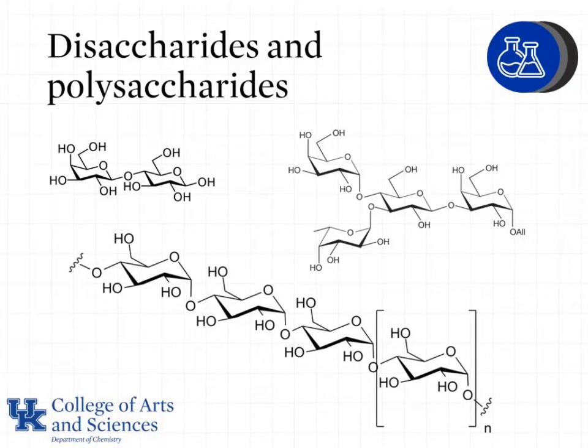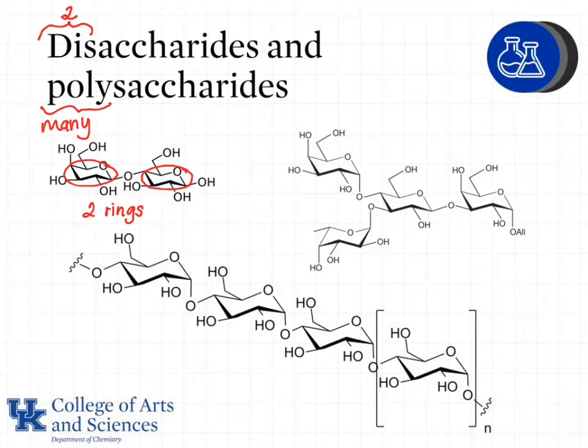When we look at disaccharides and polysaccharides, we see structures that are a little bit more complex. So di means 2, so 2 sugars or 2 rings in our structure. So disaccharides have 2 rings in their structure. Poly means many, so we see many of these rings in each of our polysaccharide structures.